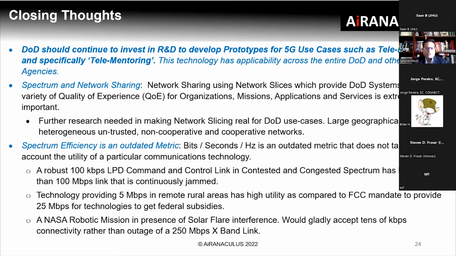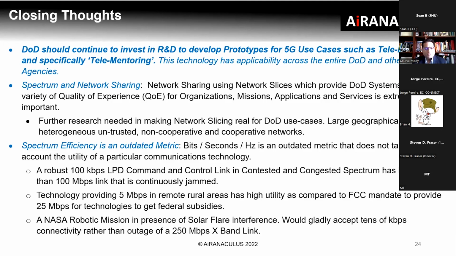For LPD links, low probability of detection links, for example, 100 kilobits per second is amazing. And for NASA robotic missions, for example, you would easily expect kilobits per second of data for EVA applications, if you don't have 250 megabits per second links. So this requires a little bit of debate, because I don't think spectrum efficiency should be a metric.